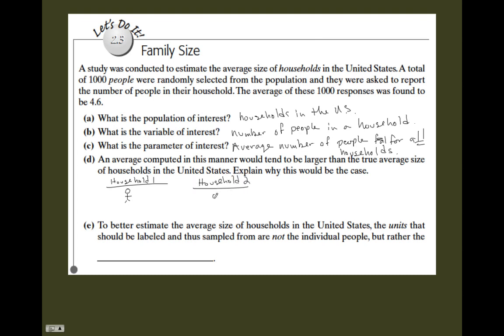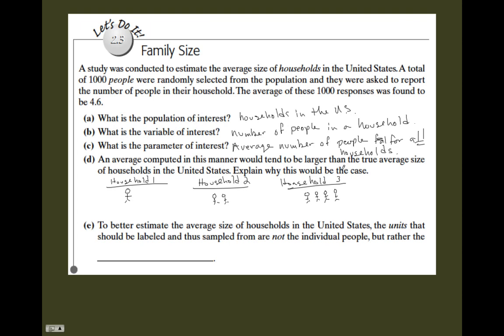Let's say household 2 has 2 people in it. And let's say household 3 has 4 people. And just for the fun of it, just to exemplify this situation and the problem here, let's say these 3 households constitute our population.